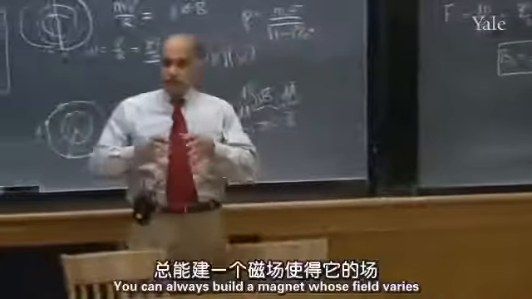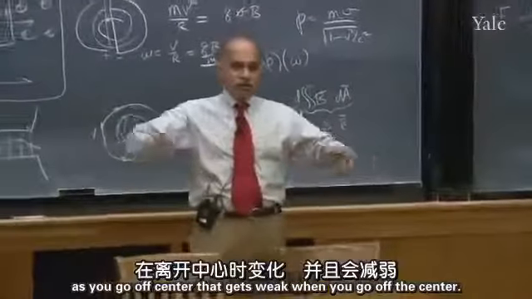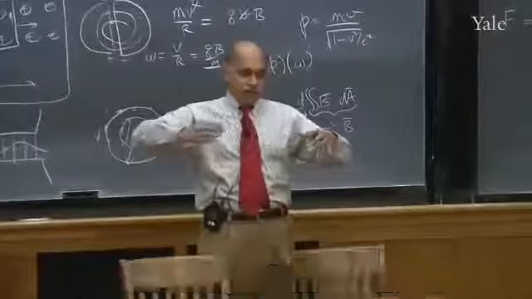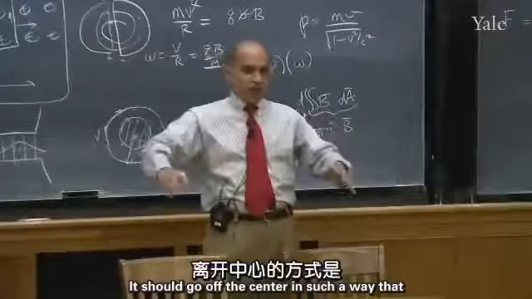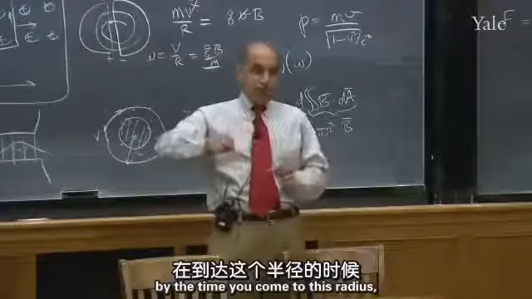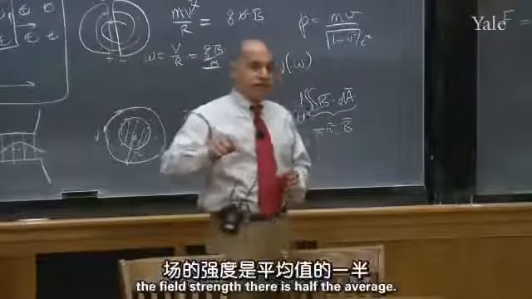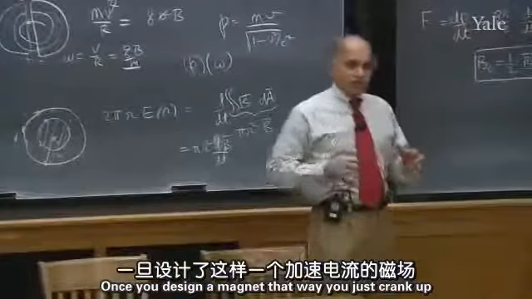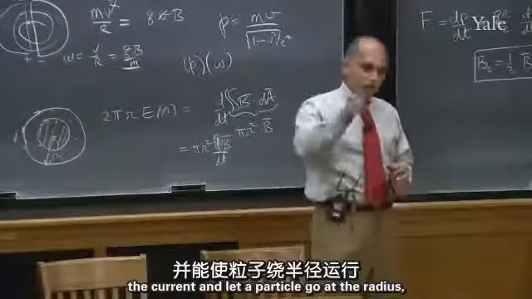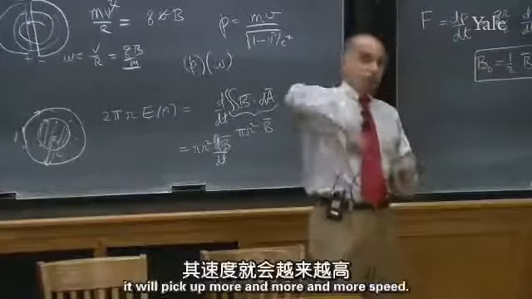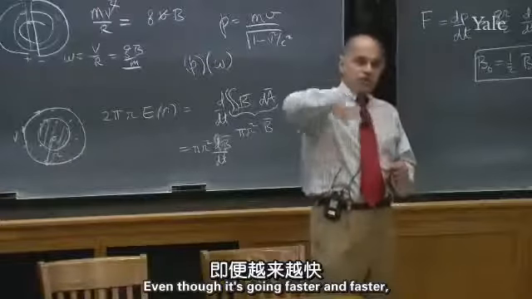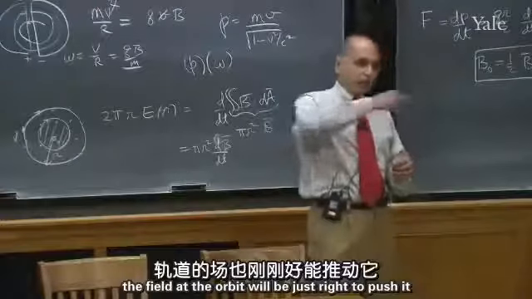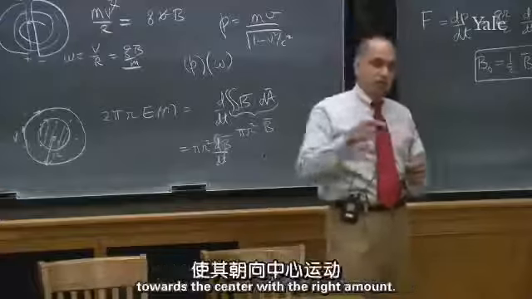You can always build a magnet whose field varies as you go off center, that gets weak when you go off the center. You should go off the center in such a way that by the time you come to this radius, the field strength there is 1/2 the average. Once you design a magnet that way, you just crank up the current and let a particle go at the radius, it'll pick up more and more speed. And even though it's going faster and faster, the field at the orbit will be just right to push it toward the center with the right amount.